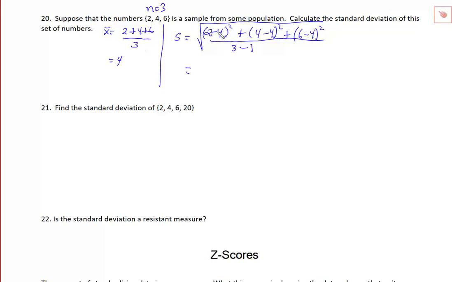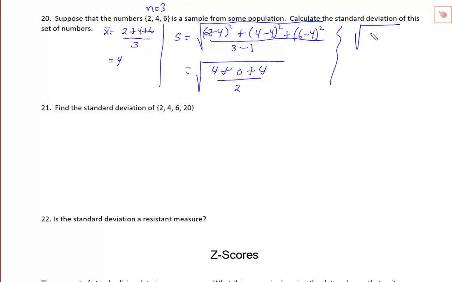So now I got 2 minus 4 is negative 2. Negative 2 squared is 4. Plus 0, 4 minus 4 is 0. 0 squared is 0. 6 minus 4 is 2. 2 squared is 4. Here we divide by 2. And keep going.